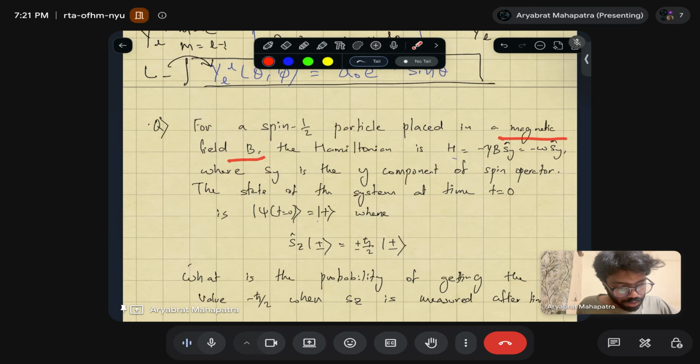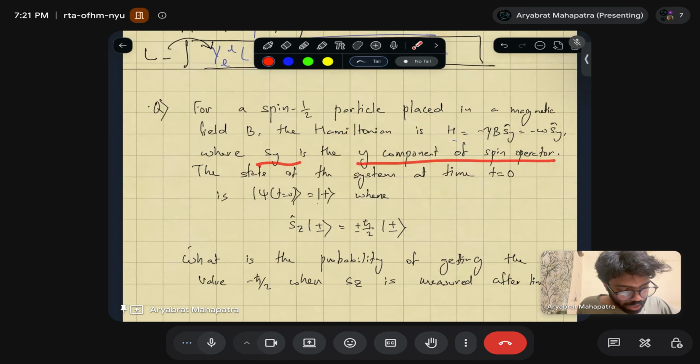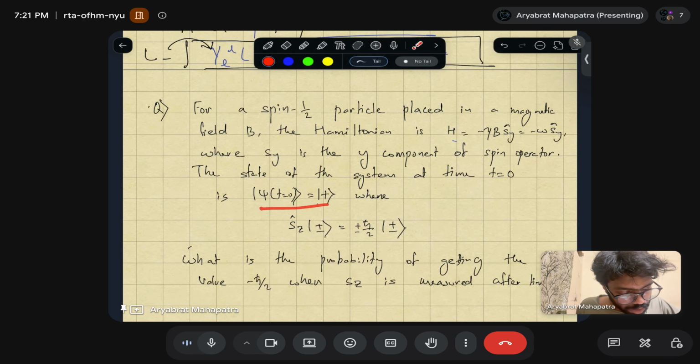Here S_y is the y component of the spin operator, and the initial state of the system is given to be plus. Now what is this plus? Plus is one of the spin states of the spin-half particle. You will know more about the spin-half states in detail.